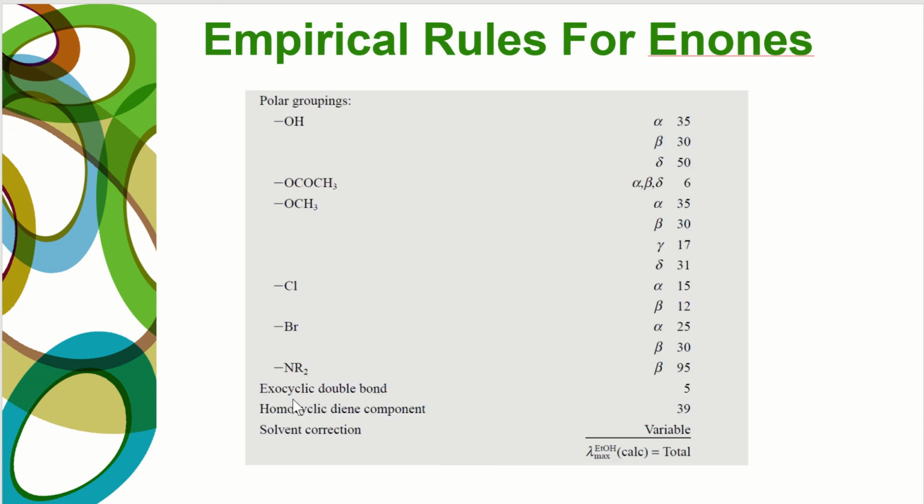And our exocyclic double bond is still 5, right? So we might not use these, but we definitely are familiar with our exocyclic double bond. If we have that, that's a 5, etc.